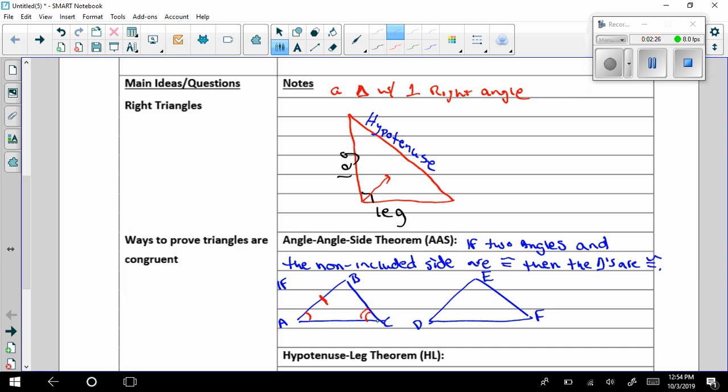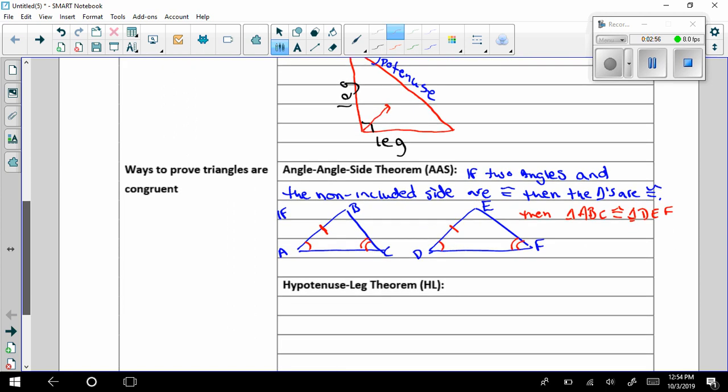And then over here the same ones are marked. Then we can make the statement triangle ABC is congruent to triangle DEF. Okay, order matters. This is the non-included side of this triangle. So an angle, and then a side are marked congruent.